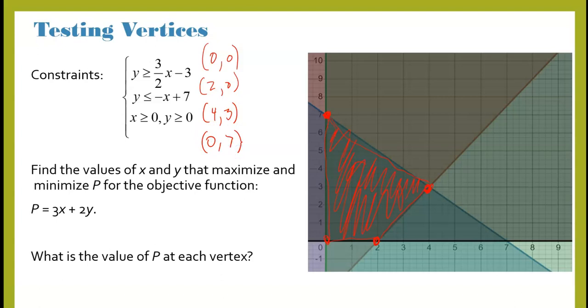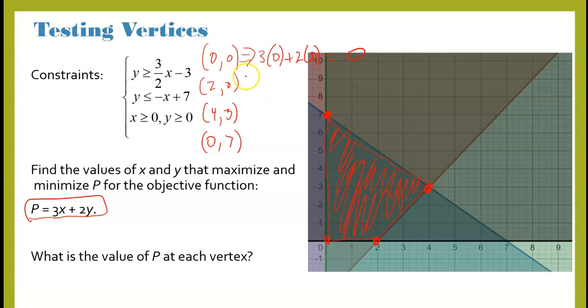Now what I want to do is find which of these points maximizes and minimizes p for the objective function. So I'm going to take each of these points and substitute them into this objective function. So this is 3 times 0 plus 2 times 0, which is 0.